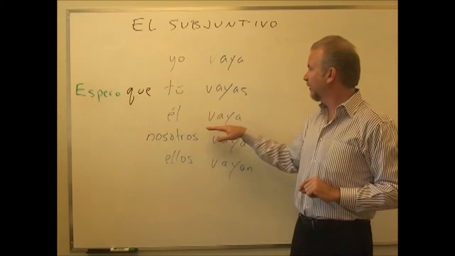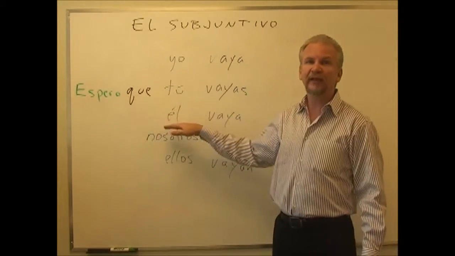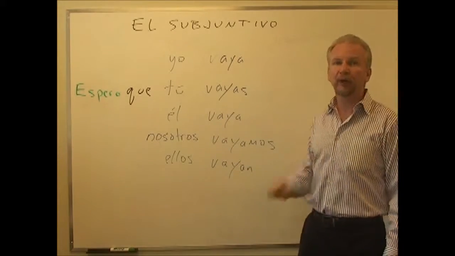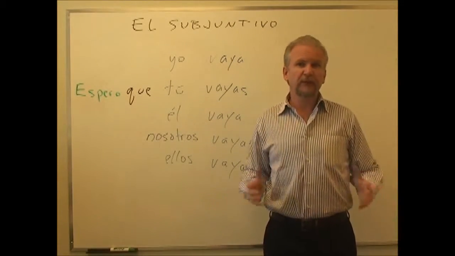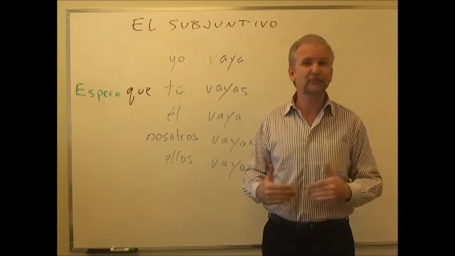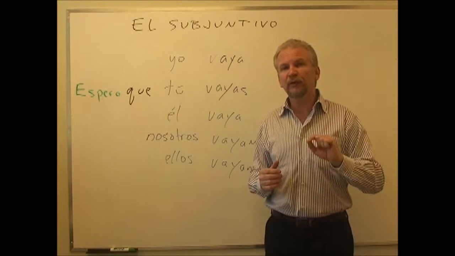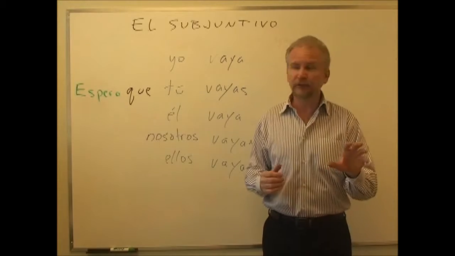Espero que él vaya a la fiesta. I hope that he goes to the party. In English, we would just say, I hope he goes. But in Spanish, when we want to say, expressing, I hope that, espero que, the verb is not just conjugated like the present tense, él va, he goes.